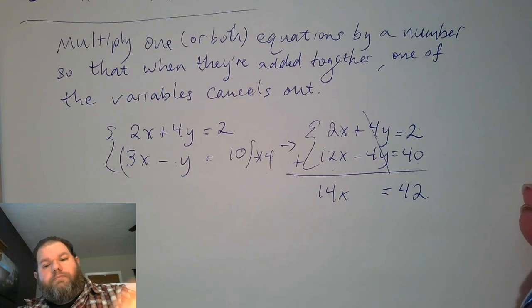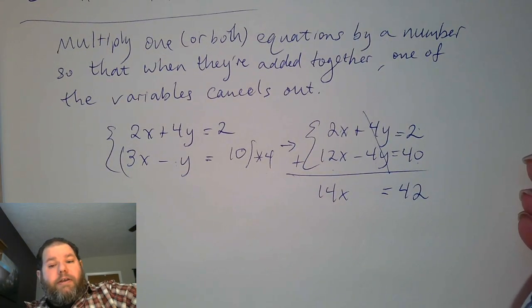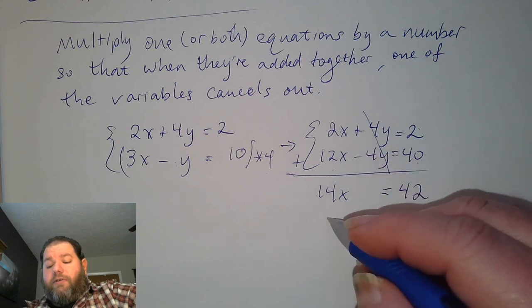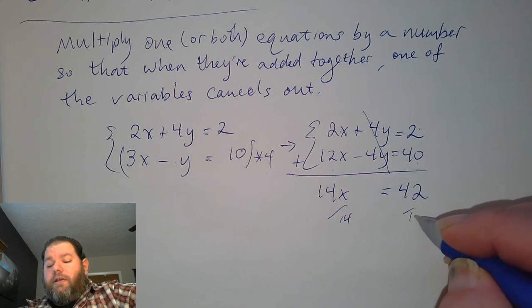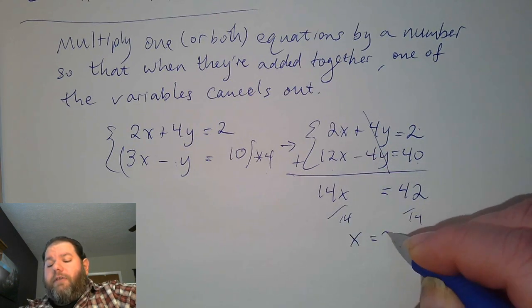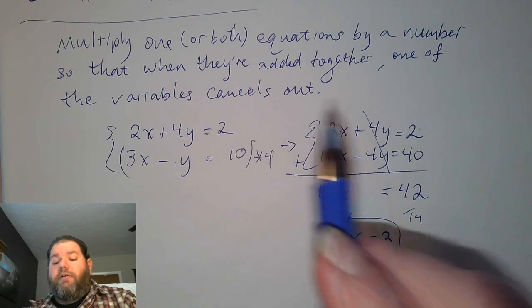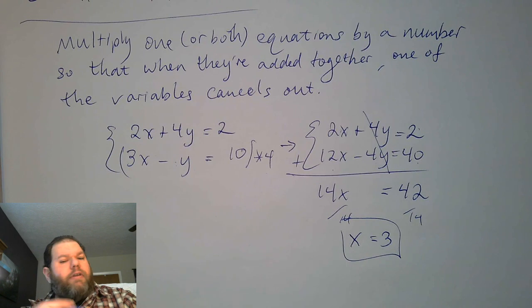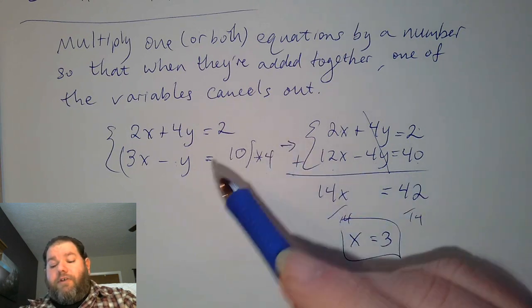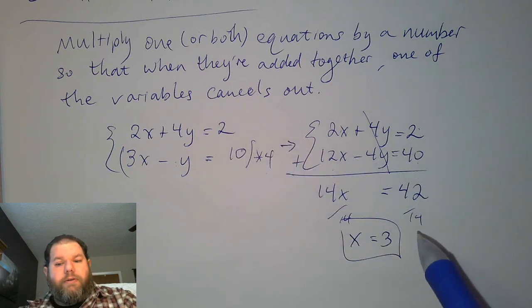Now, the downside is, okay, we got x, we can just divide by 14, so x is equal to 3, we know that much. But now that we have x, we still have to solve for y, and it's not quite as straightforward solving for y, but to me at least that's a minor concern comparatively as far as the efficiency this was able to allow us.